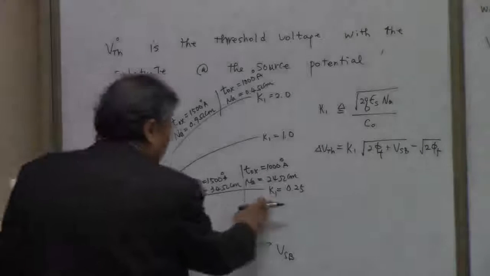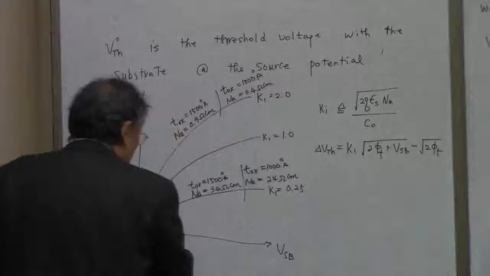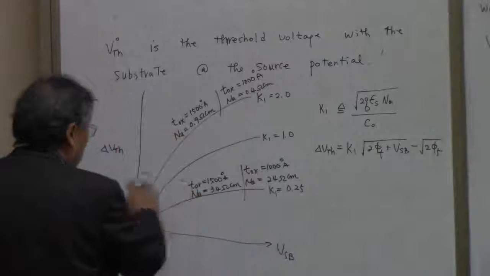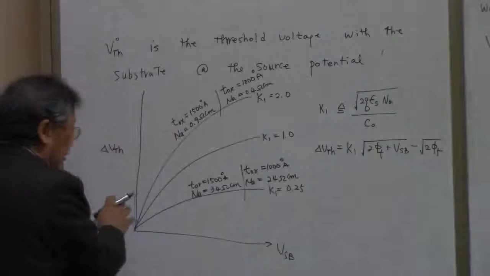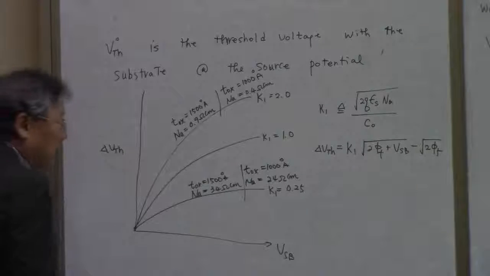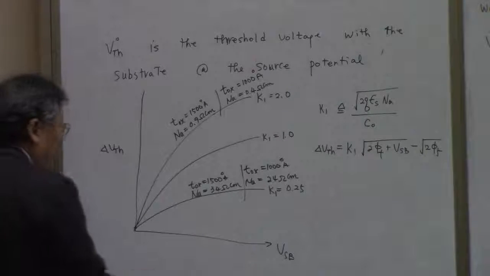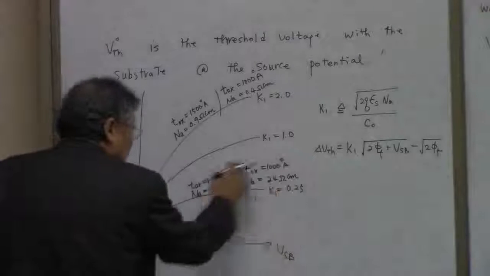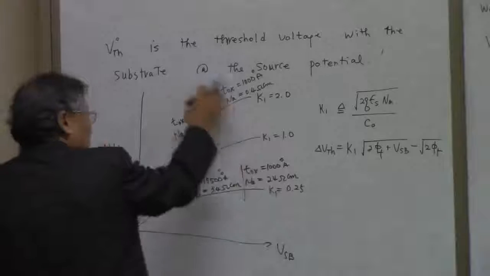Then the K1 value is going to be 0.25, and then with the substrate bias, this transistor is not going to change a lot in terms of delta VTH, right? So you want to have a transistor something like this rather than something like this.